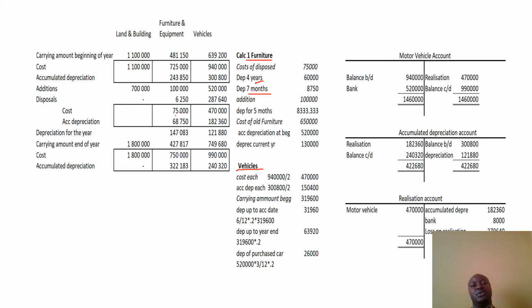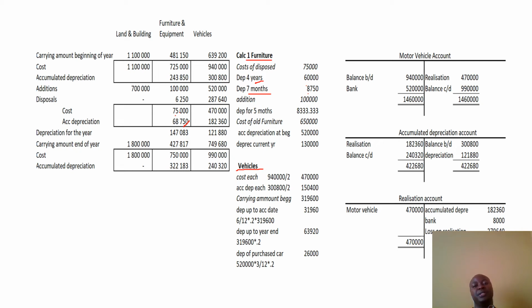All right. So if you calculate your depreciation for 4 years and then for 7 months, you get your total accumulated depreciation for this asset, which is an addition, 60 plus 87 gives you this figure, which is 68,750, isn't it?